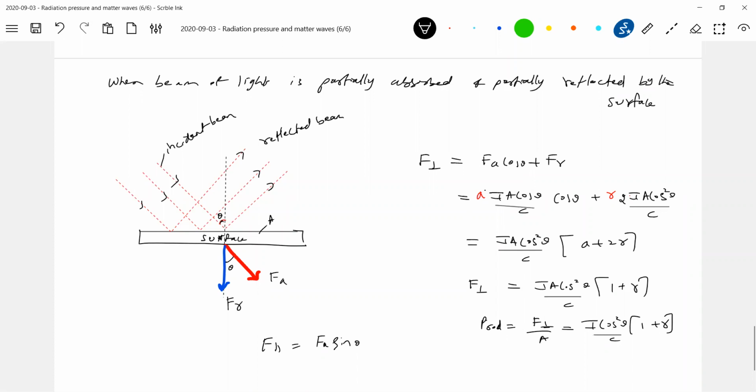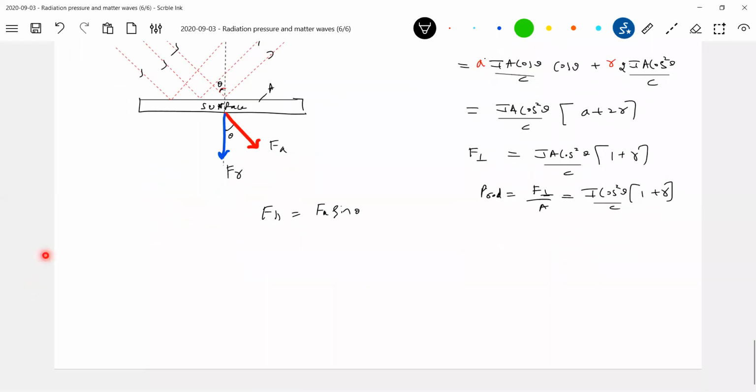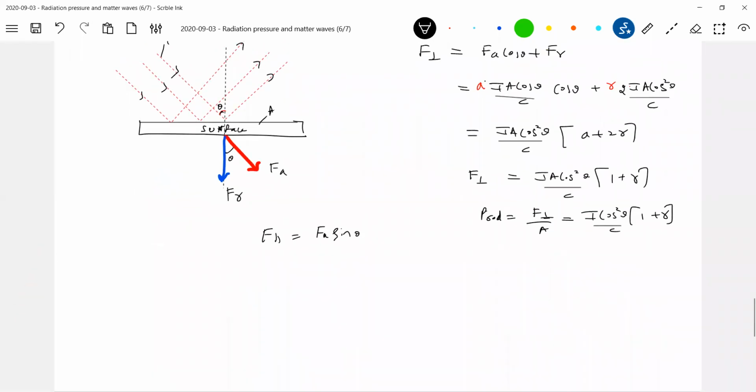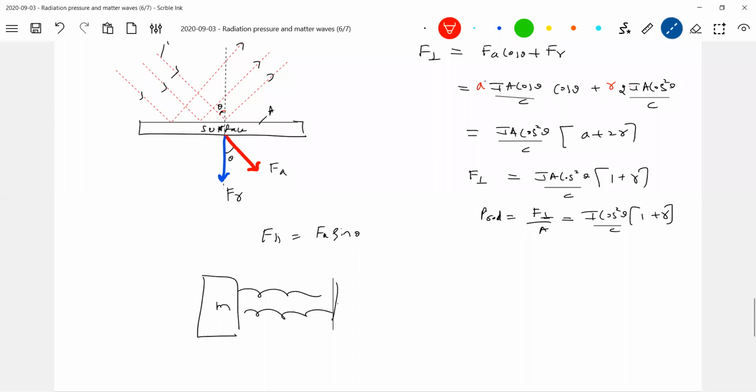Now along with spring force and friction as shown, even with this beam of light, there's a block. I'll connect two springs. Then I'll make a radiation incident on it. And then what is the compression in the spring?